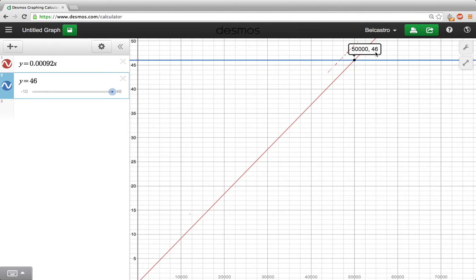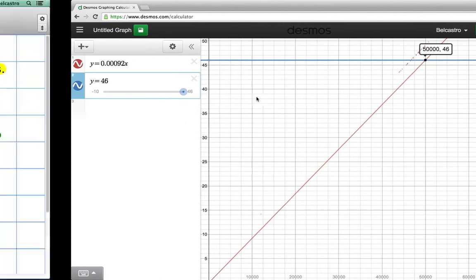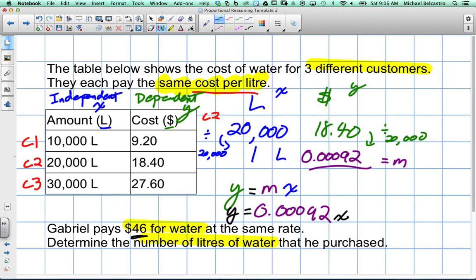Our y value is $46, and it looks like the x value is 50,000, which is exactly how many liters Gabriel purchased. So we can continue our table here: Gabriel paid $46, and for $46, he got 50,000 liters.